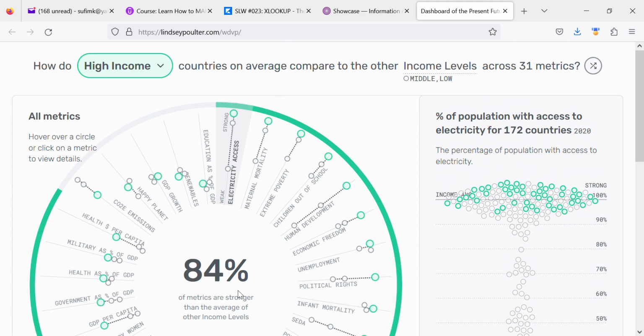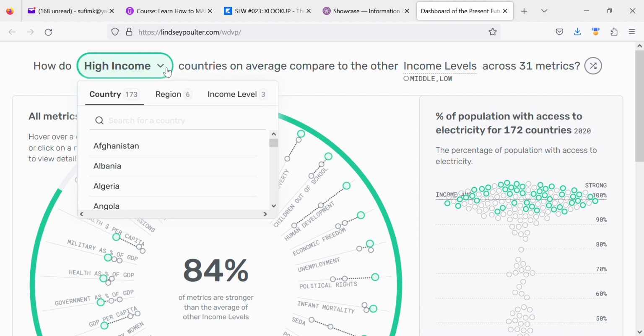The circle goes from this point to this point, and the major strong areas are electricity access, maternal mortality, extreme poverty, children out of school, human development, and so on.